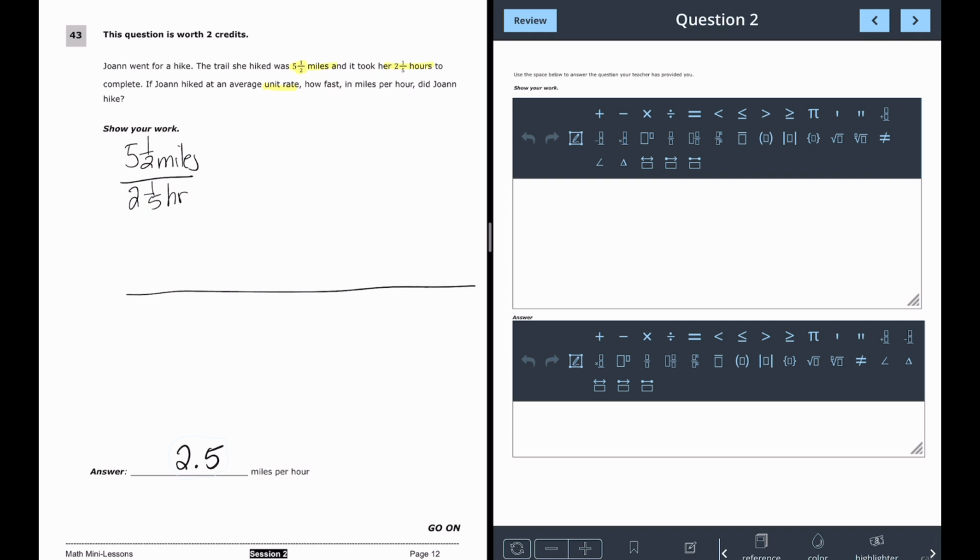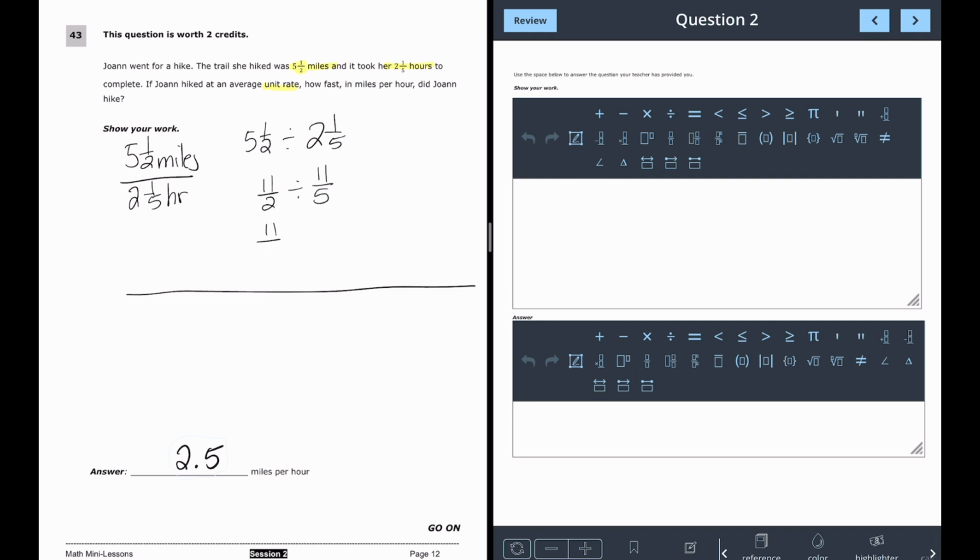So I could just divide 5.5 divided by 2 1/5 and change both of these to improper fractions. 5.5 is 11 over 2. Times 2 1/5 is 11 over 5.